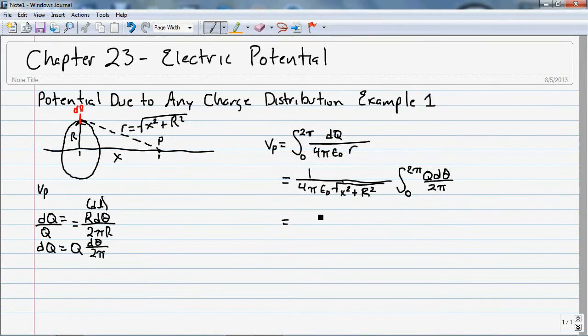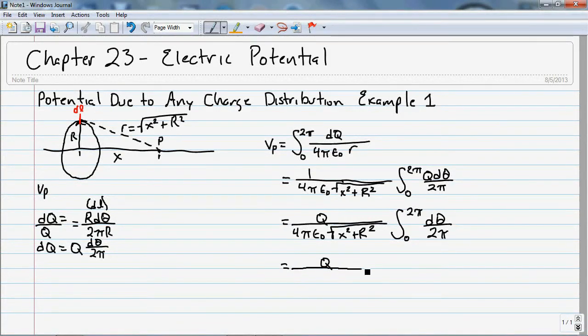So the Q is going to come out, the denominator stays the same, and now I have the integral from 0 to 2 pi of d theta over 2 pi, and that integral is very easy to calculate.